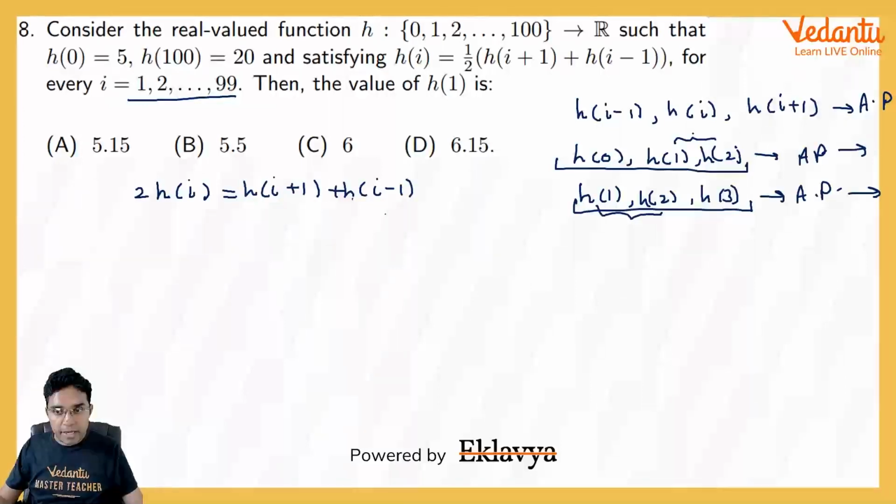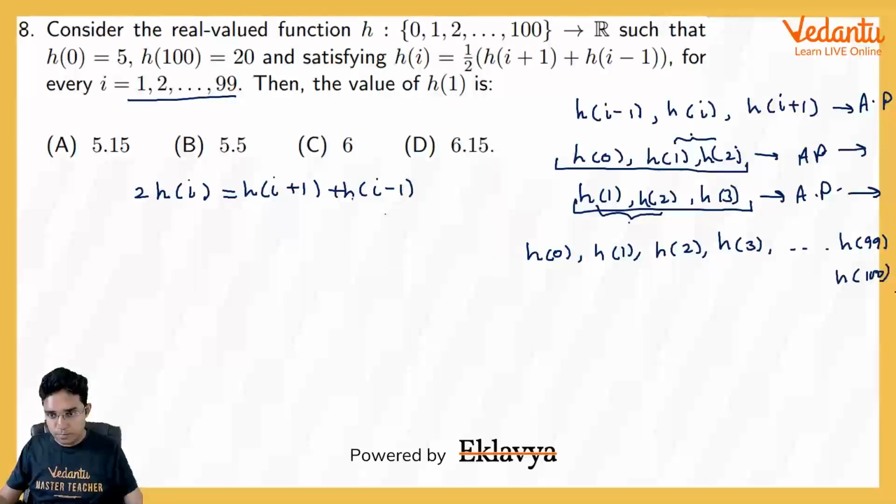So combining these two things together, I can say that starting with h0, h1, h2, h3, they are the same AP. In fact, this will go up to h99 and h100 also. So they are in AP.